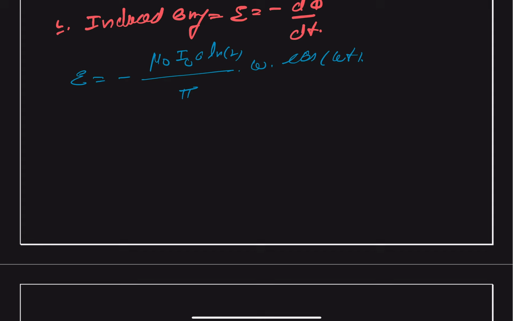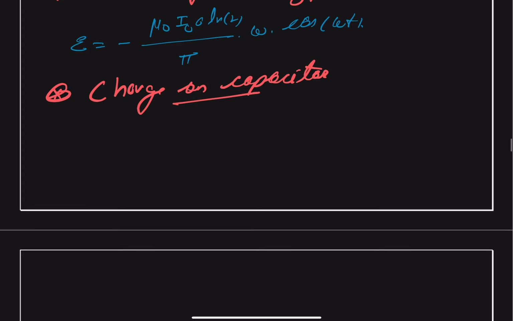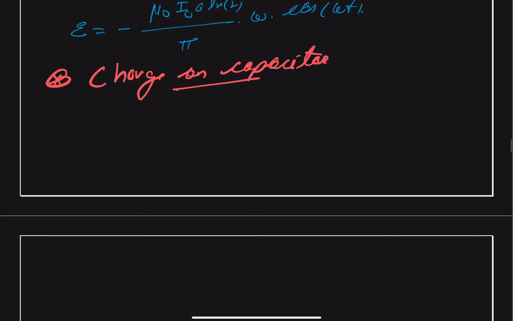Now charge on the capacitor. Now this induced EMF will be nothing but the voltage across the capacitor. So we start with our final part, that is charge on capacitor. So you can say the capacitor voltage is equal to EMF.